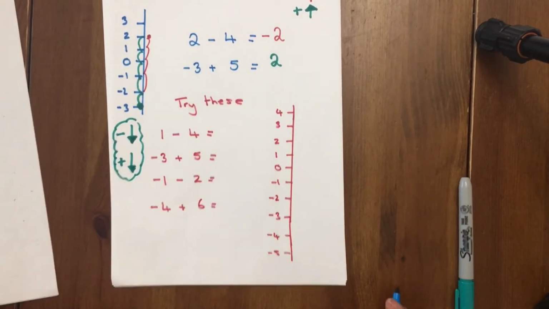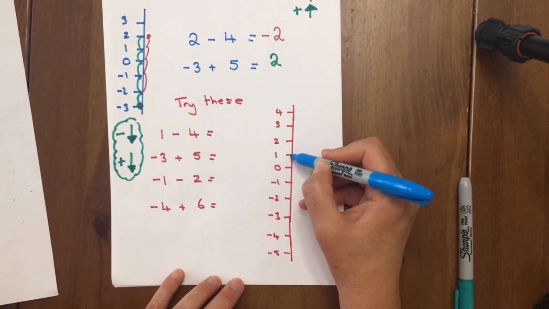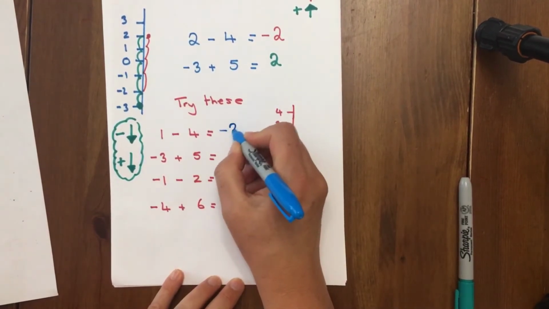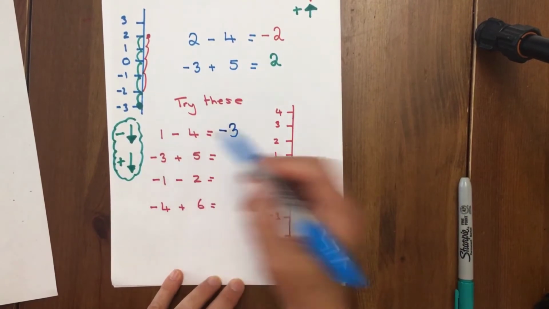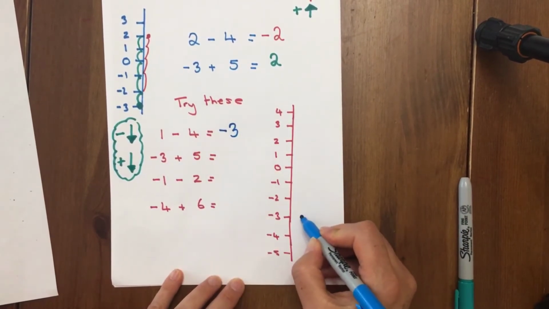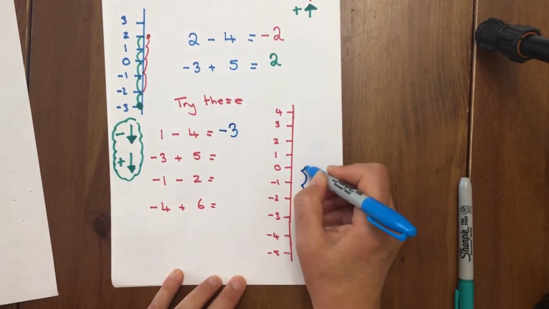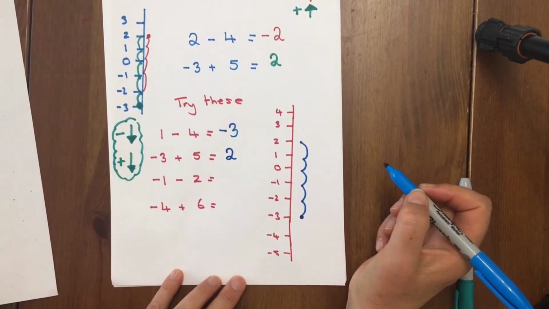Okay, well done. Let's go through the answers. 1, go down 4. 1, 2, 3, 4, -3. Sorry, I should say -3. Okay, here, start at -3, go up 5. 1, 2, 3, 4, 5. We end up at +2.